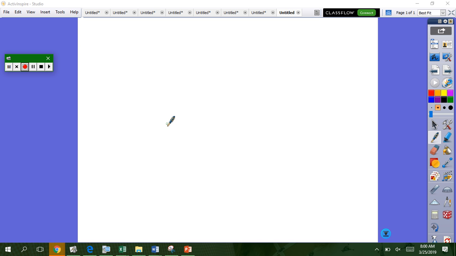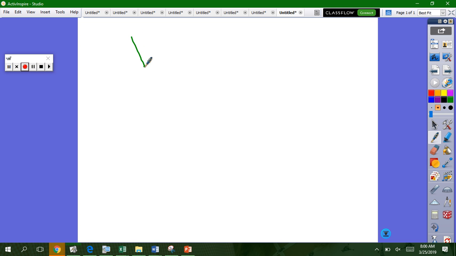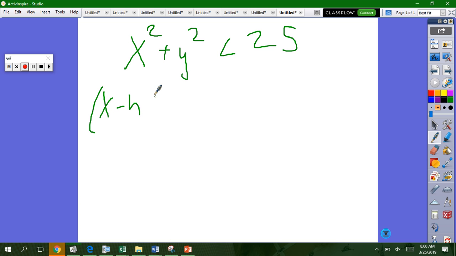So, let's go ahead and start by graphing a circle. How many of you guys remember circles from 1010, where we have this equation equals our radius squared?